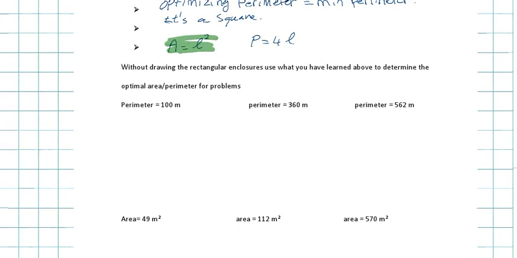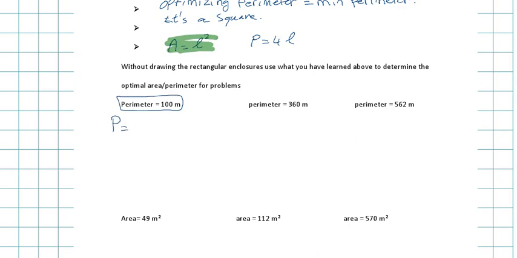You start with the perimeter. The perimeter is given to you, so you have to start with the perimeter formula. When you have perimeter, you start with the perimeter. When you have area, you start with the area.